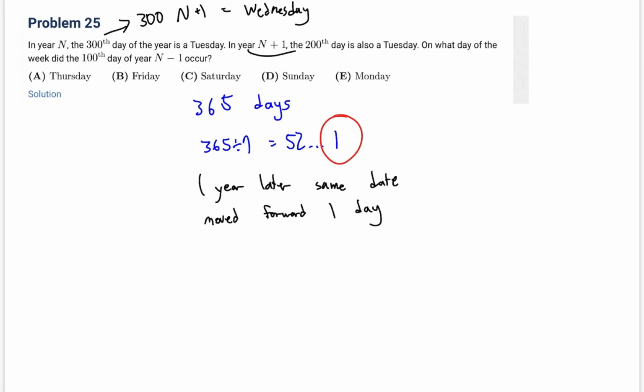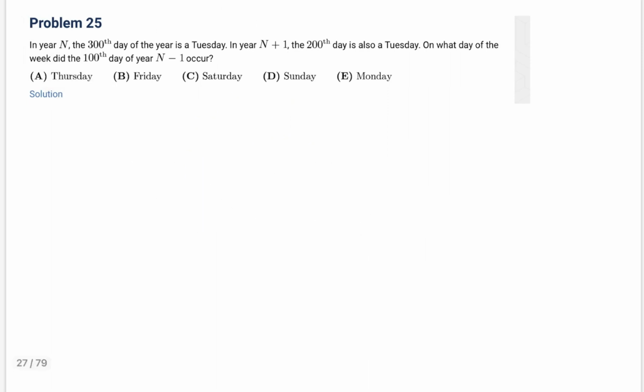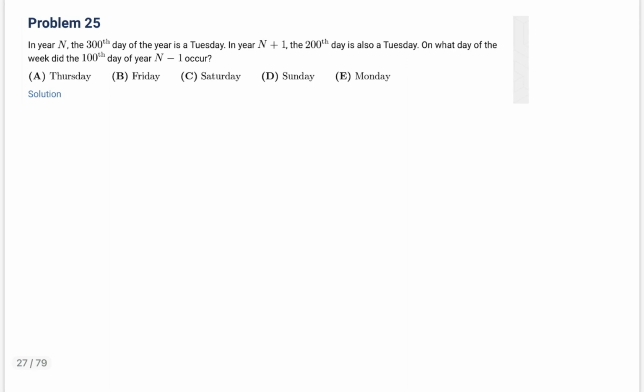So bearing that in mind, let's see. It's year n right now. If the 300th day is Tuesday, then the 335th would also be Tuesday, since it's added by a multiple of 7, and 363 would still be Tuesday, and 364, 365 would be a Wednesday and a Thursday.